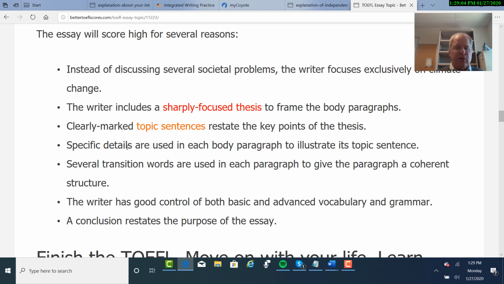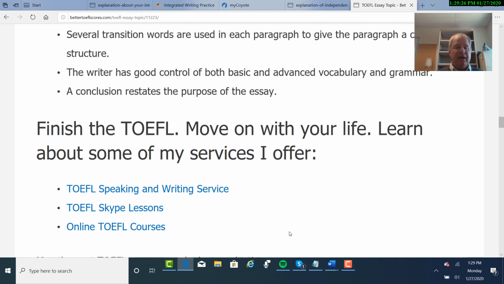Specific details are used in each body paragraph to illustrate its topic sentence. Several transition words are used in each paragraph to give the paragraph a coherent structure. The writer has good control of both basic and advanced vocabulary and grammar, and a conclusion restates the purpose of the essay. And that's it.